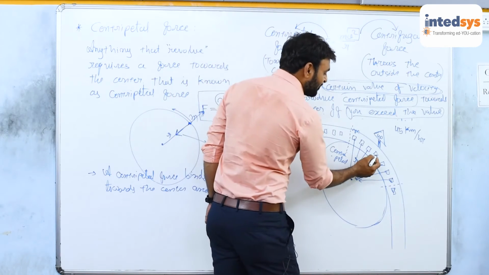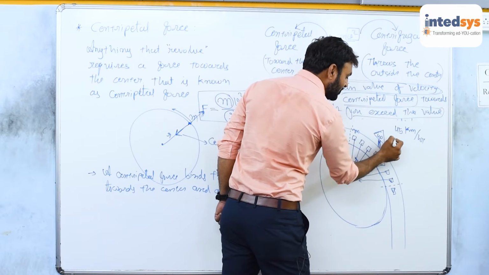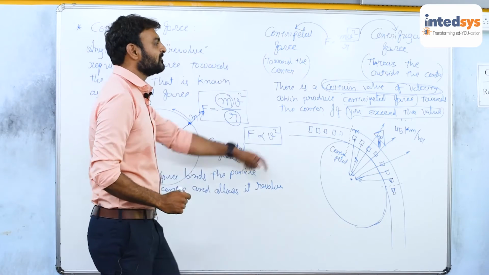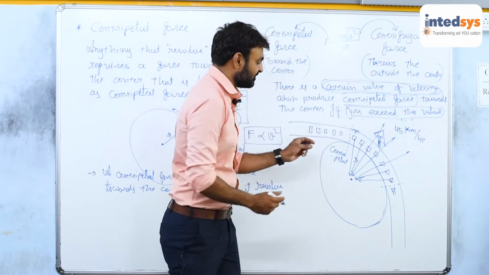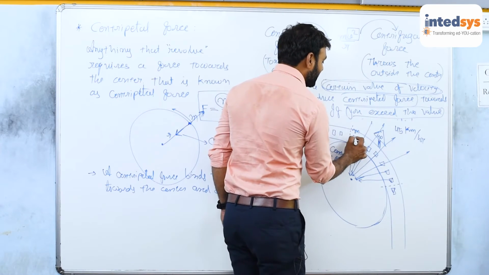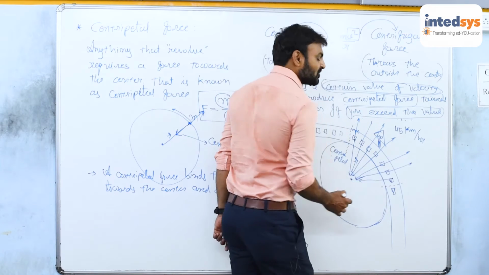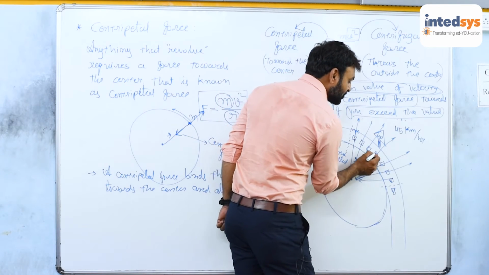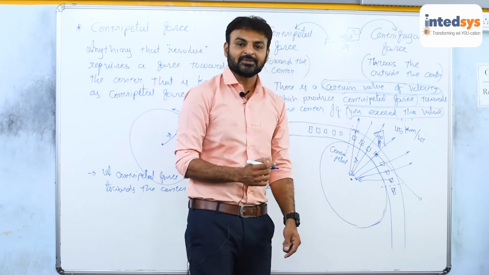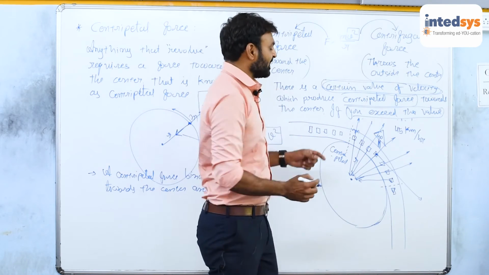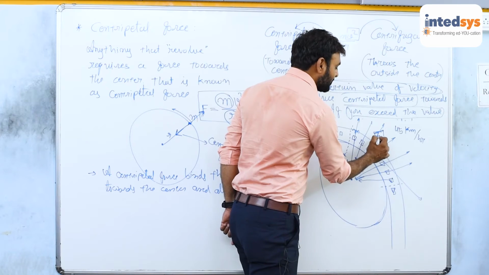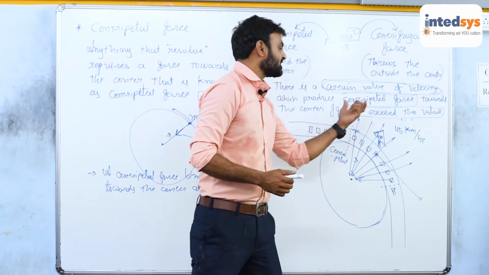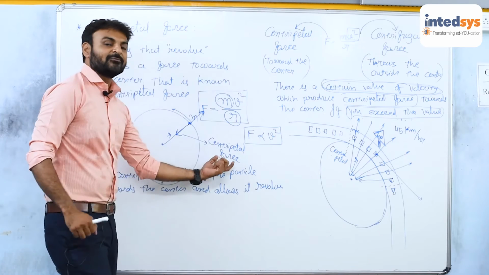In this case, your vehicle will start experiencing a force in a radially outward direction, because centrifugal force throws you out of the circle. Therefore, there are chances for your vehicle to be thrown out of the circle and move in the tangential direction. So whenever there is a signboard that says 40 km per hour, just believe me, it is the velocity that would have created the centripetal force.